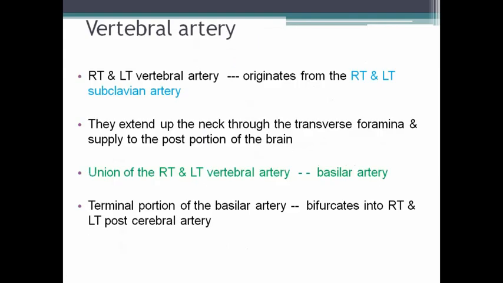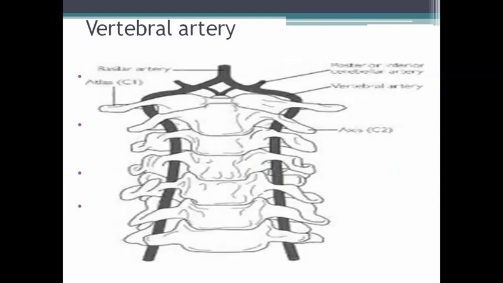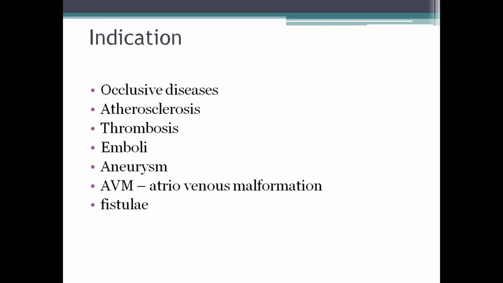So the right and left vertebral arteries originate from the right and left subclavian artery, extend up to the neck through the transverse foramina in the cervical spine, and supply the posterior portion of the brain. Again they join together and become the basilar artery. Okay, that is the anatomy of the blood vessels. You can see here how the right and left vertebral arteries pass through the vertebra.